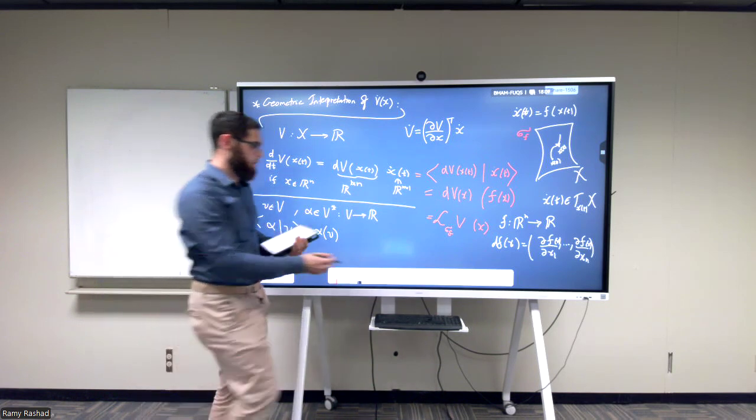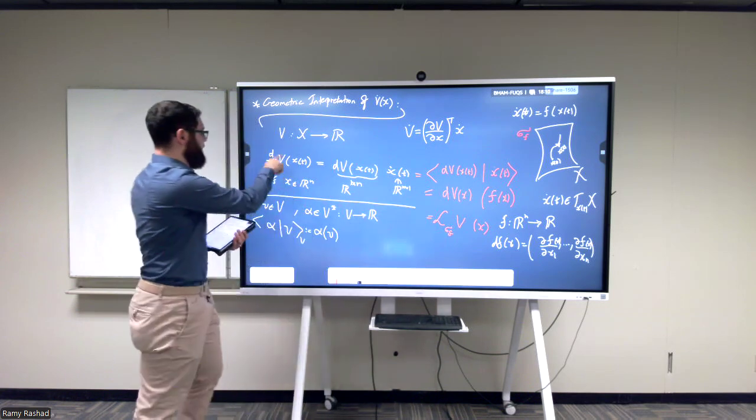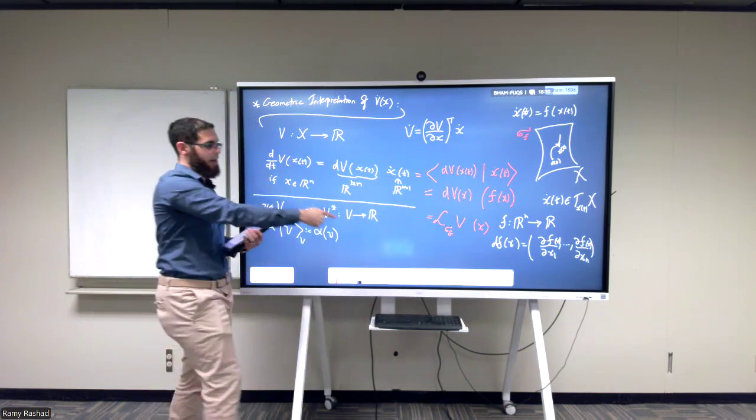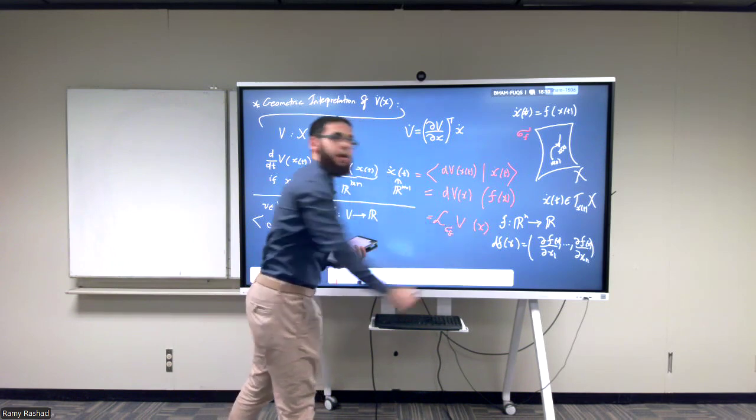So here you see V dot as a function of x in the end is given by this thing as a function of x.